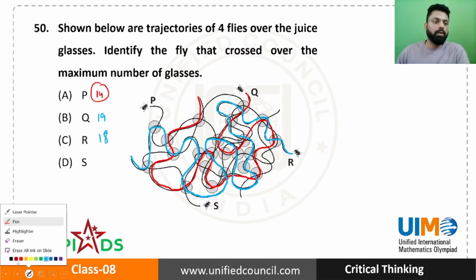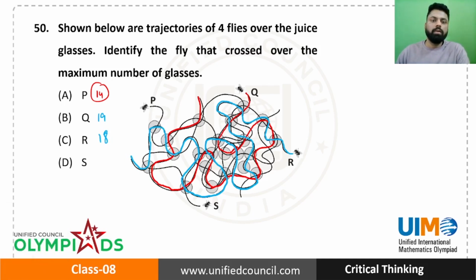And if you look at S: 1, 2, 3, 4, 5, 6, 7, 8, 9, 10, 11, 12, 13, 14, and 15. So Q is going over the maximum number of glasses.